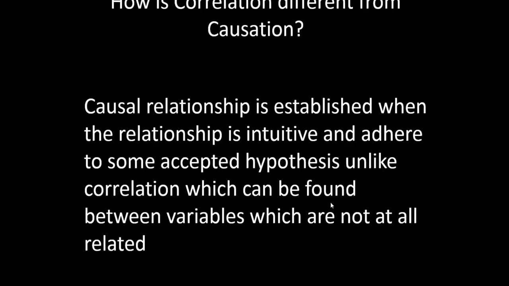But correlation can be found between any two variables, even ones which are not related at all. So causation always has to be intuitive, something you can always expect. But sometimes the relationship between two variables could be spurious in nature. That means they are correlated, but in general, you won't find a relationship in the real world. That's exactly the difference between correlation and causation.